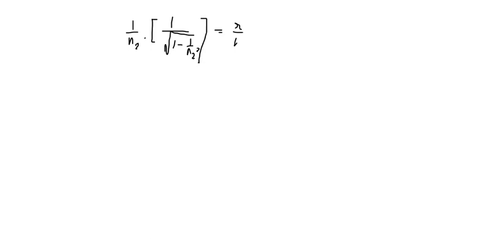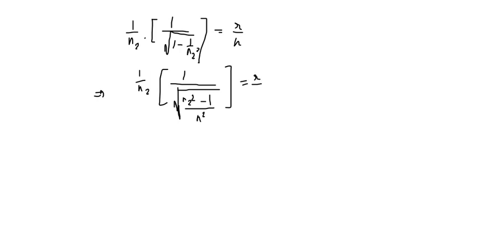So 1 by n2, I can take n2 square minus 1 by n2 square, this whole thing under root, bracket close, equals r by h. So these n2's come out, it becomes n2.